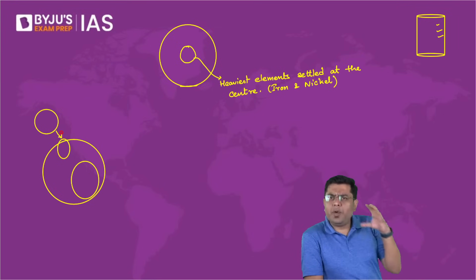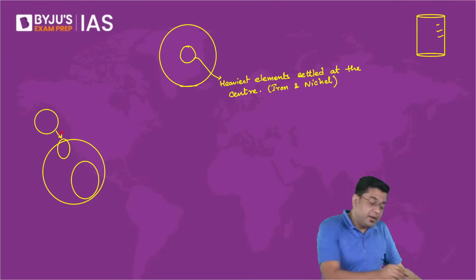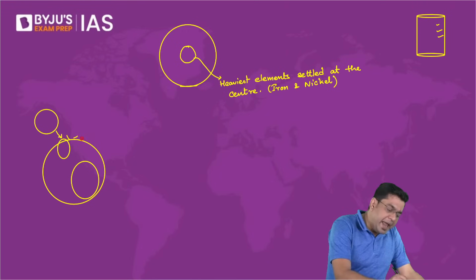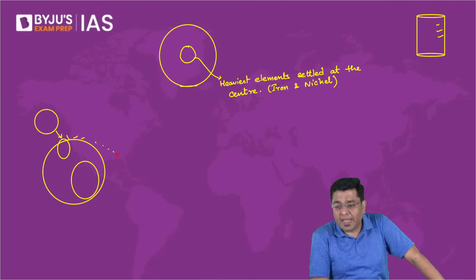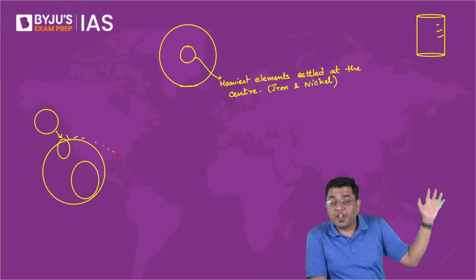So, in that liquid form, if a large object collides, what do you think will be the result? Can I say that the molten materials will be splashed away? Because if the force is humongous, that will create a large enough splash, and a lot of these materials would actually be splashed away. Yes? Good. So here, the large object collided, and large portions of that liquid were splashed away.